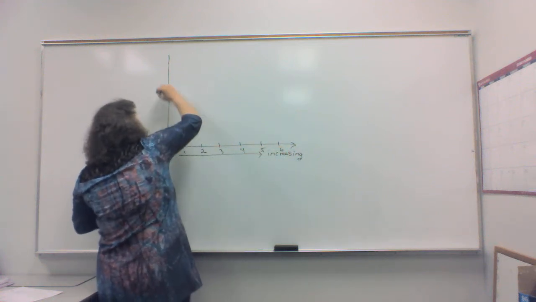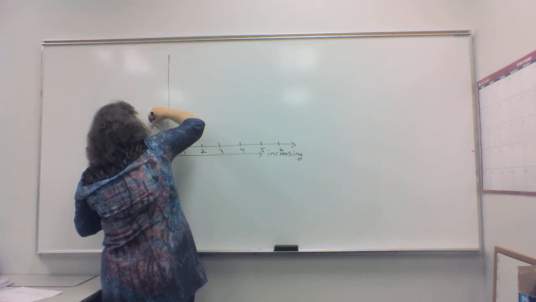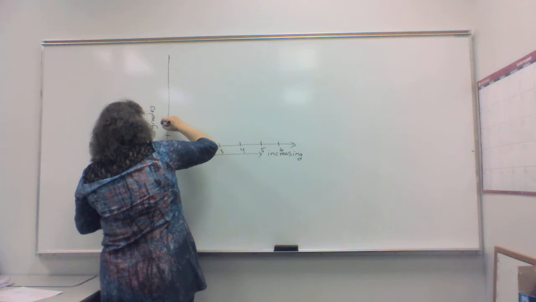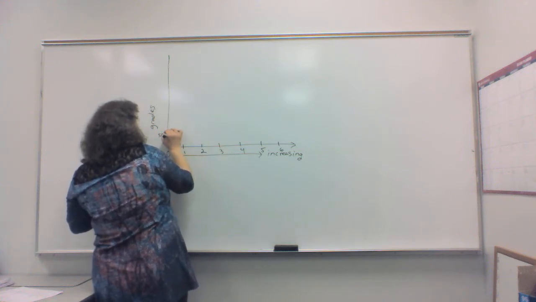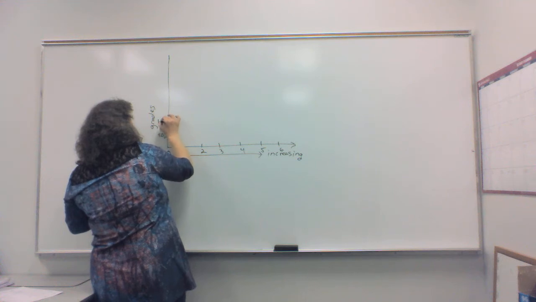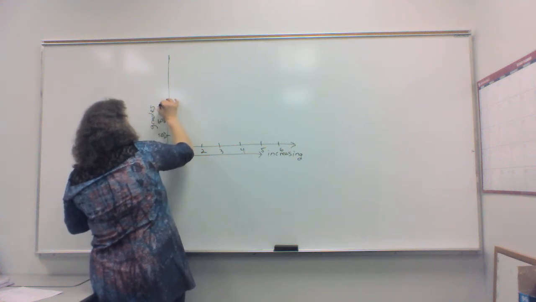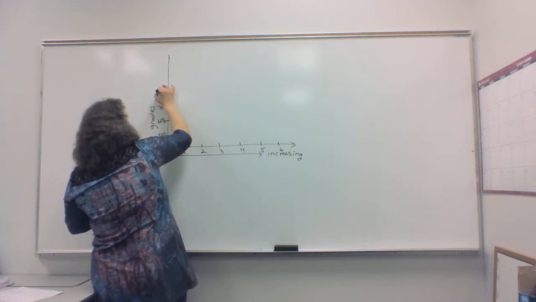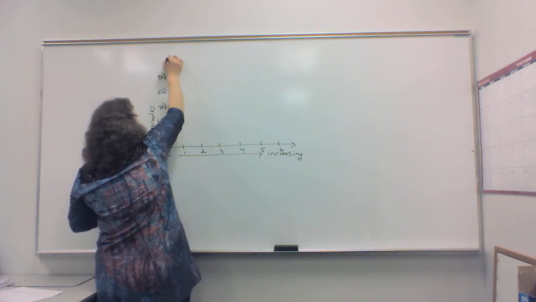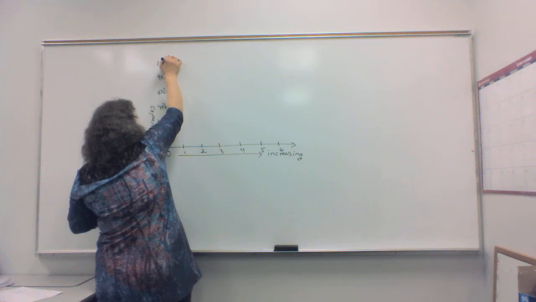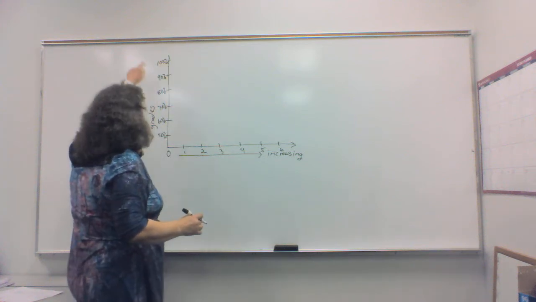And now on the vertical, you're going to look at grades. How about 50%, 60%, 70%, 80%, 90%, and 100%. You notice how your grades increase as you go from low to high.